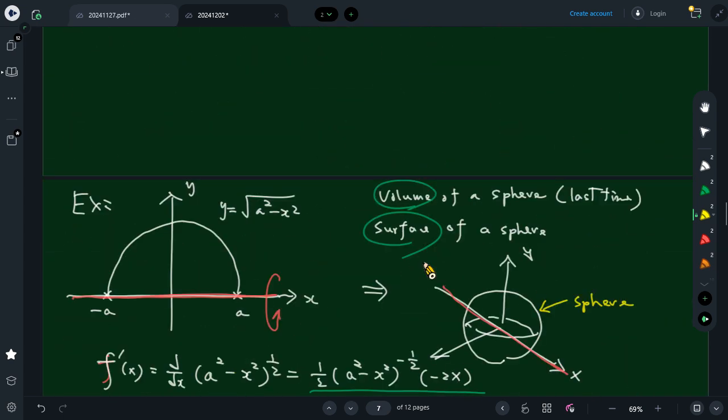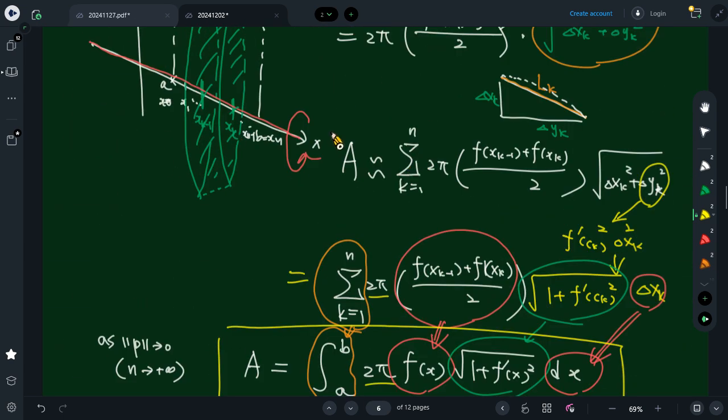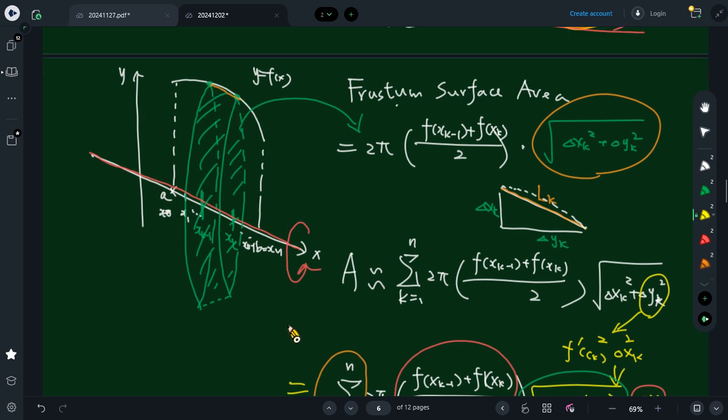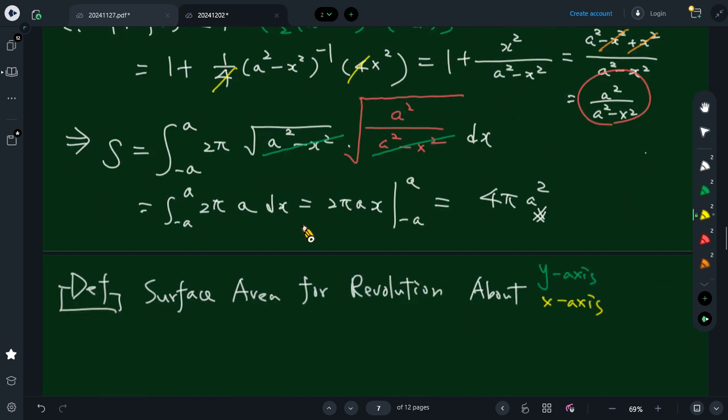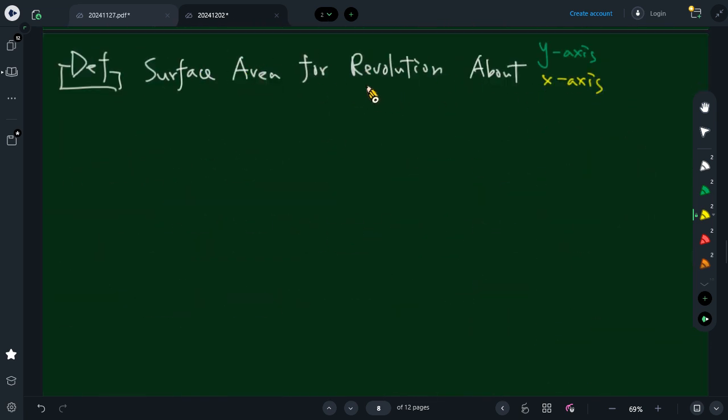Because you know, we cannot just revolve the curve by following the x-axis, but maybe possibly I just ask you to revolve the curve by using y-axis as the axis of revolution, right? So there are two types: revolution about y-axis, and the other one is revolution about x-axis.